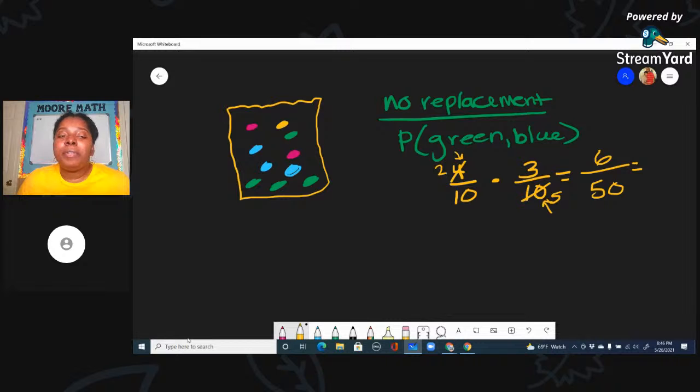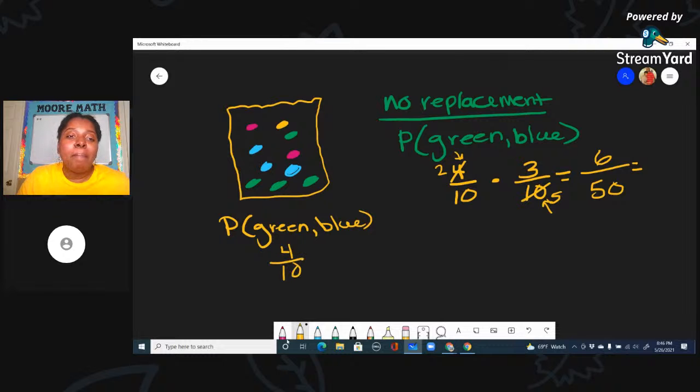How would this be different if we replaced the green one? So what's the probability that the first time I'm going to get green? 4 out of 10.